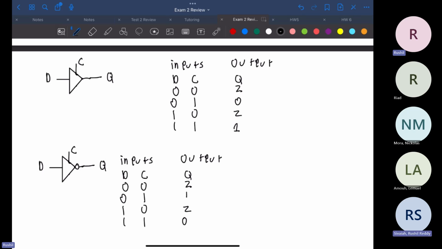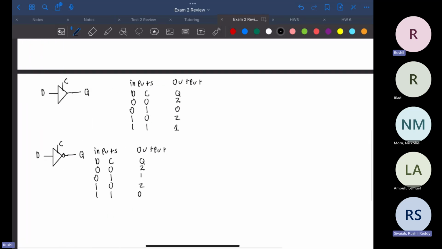When control is 1, it's equal to D or the inverse of D. All right. I think we'll move on from tri-state.